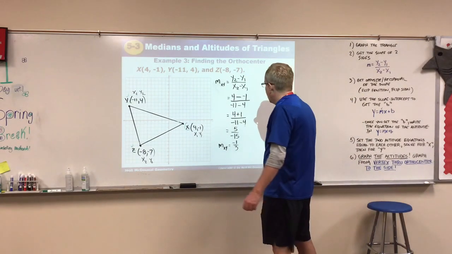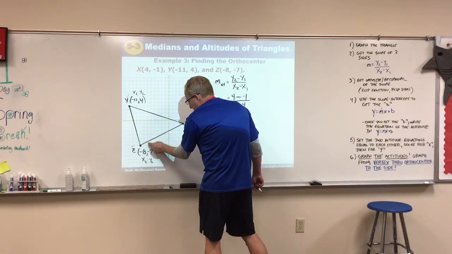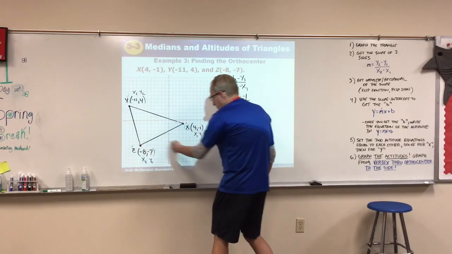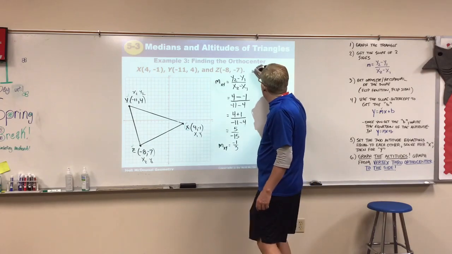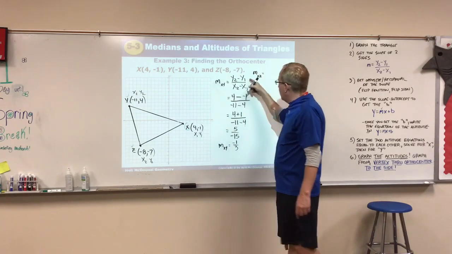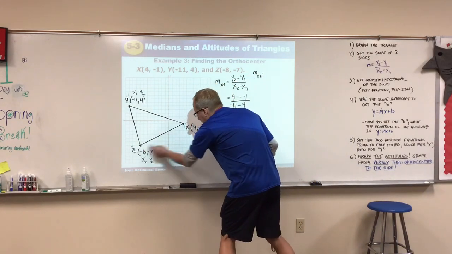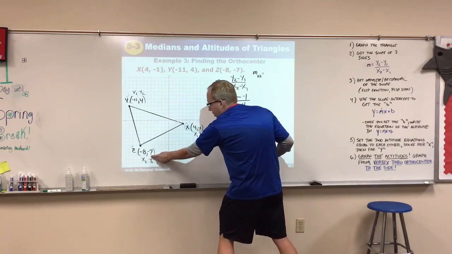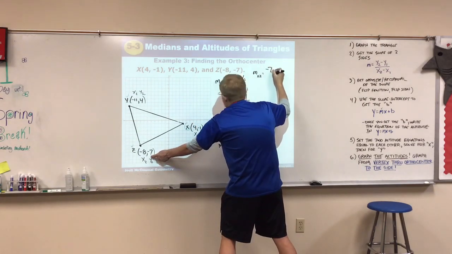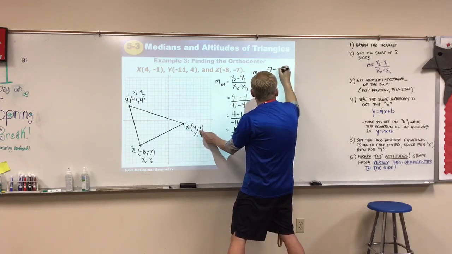I am now going to get the slope of xz. So I've got to run this twice. The slope of xz equals y2 minus y1. So this is y2. So z to x, y2 is negative 7, minus y1, negative 1.